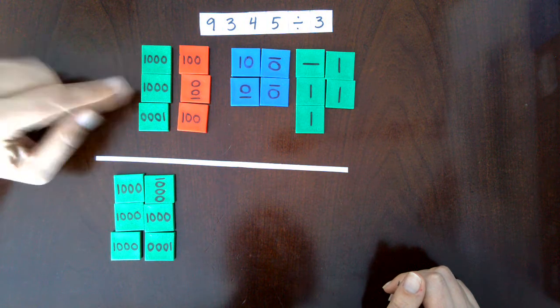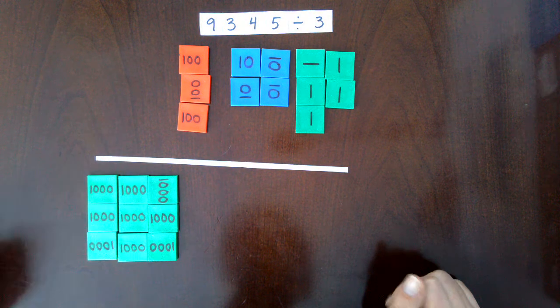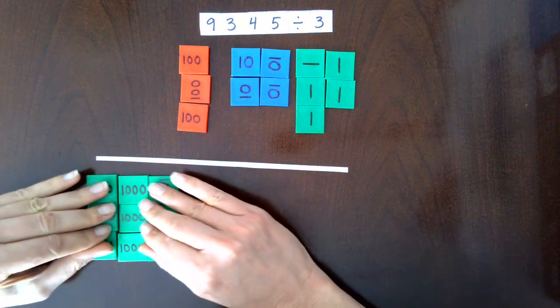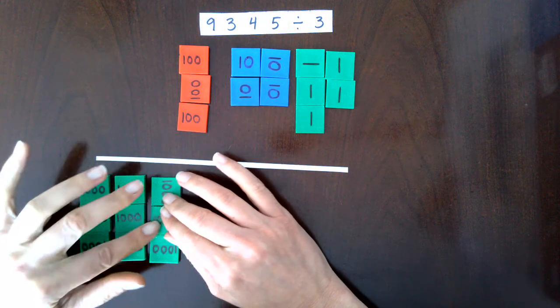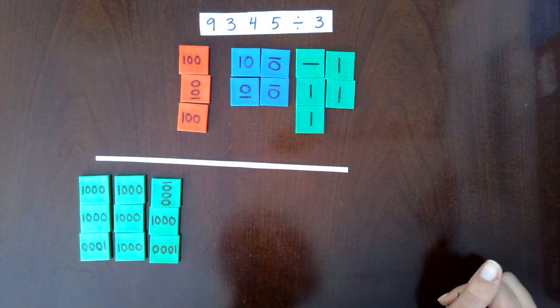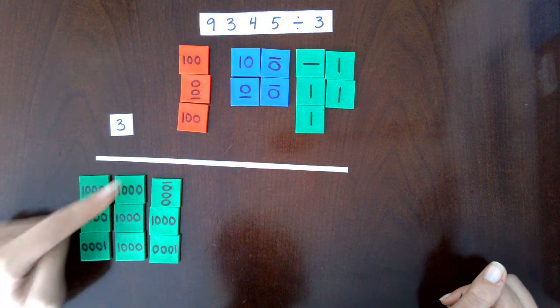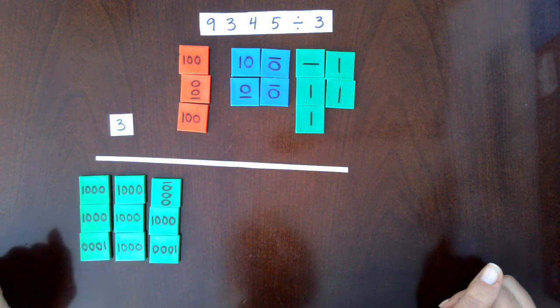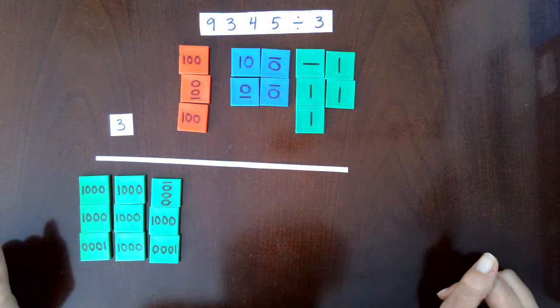And here's another group of 3 we could make with our 1,000 stamps. Separate that out so you can see the groups. Okay, now I'm going to write on a little piece of paper 3 because we were able to make 3, 1, 2, 3 groups.